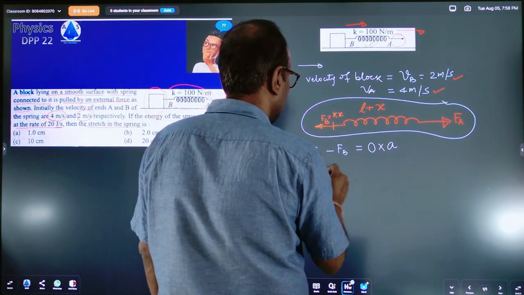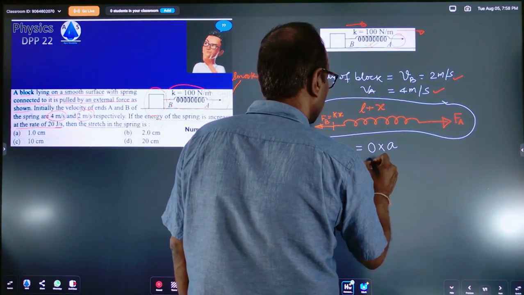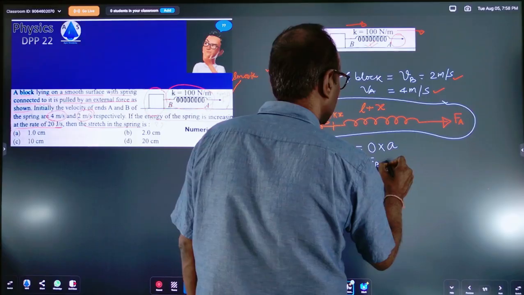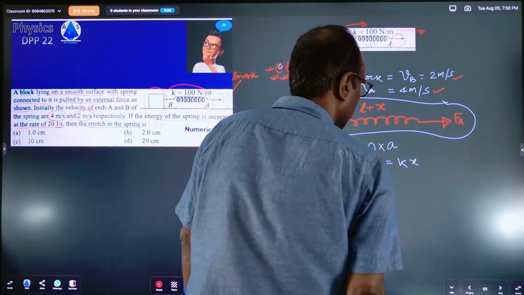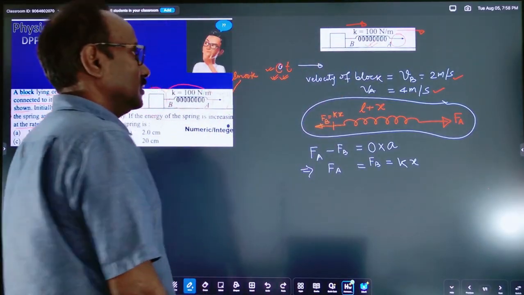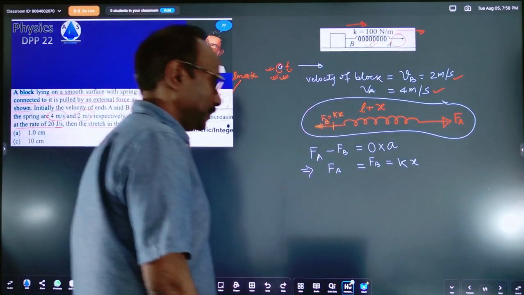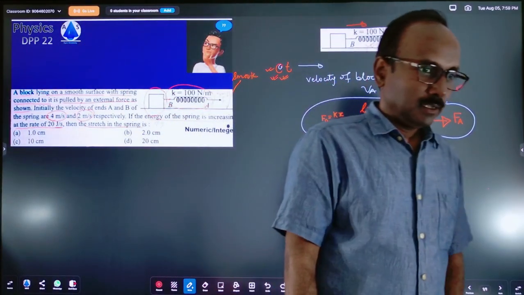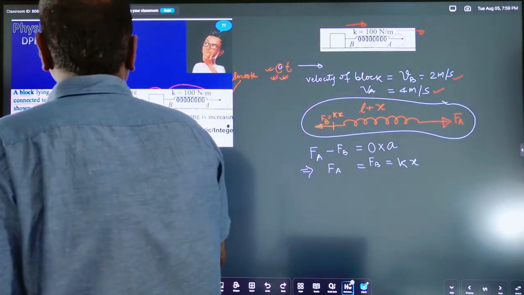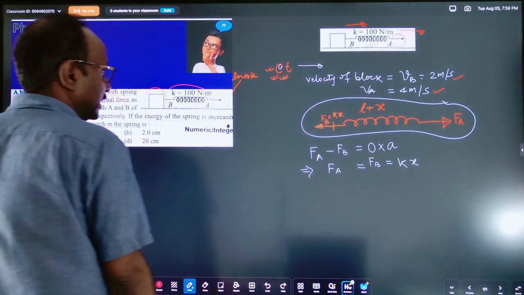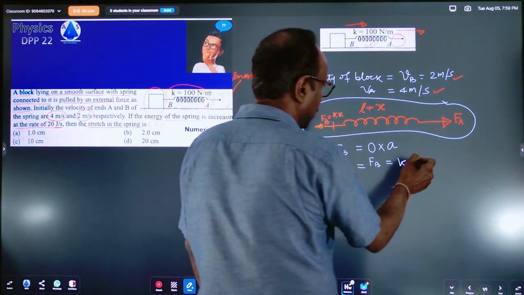From here we get FA is equal to FB. But FB is Kx. Now it is asking about the stretch in the spring, that means we have to find this x.